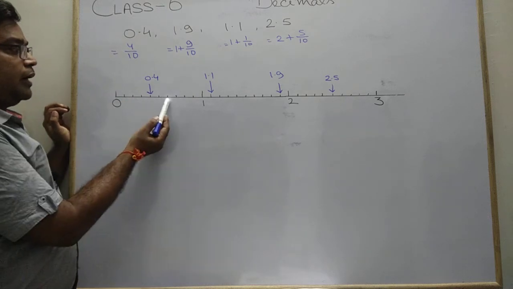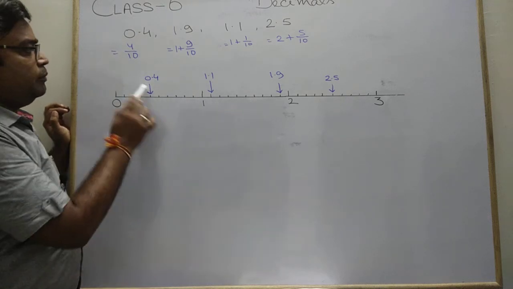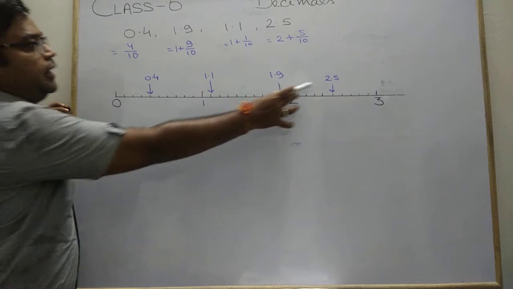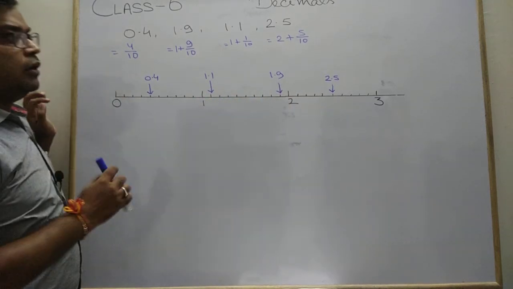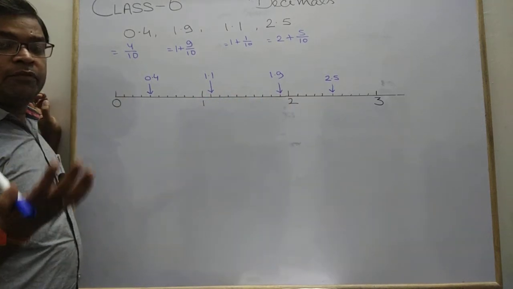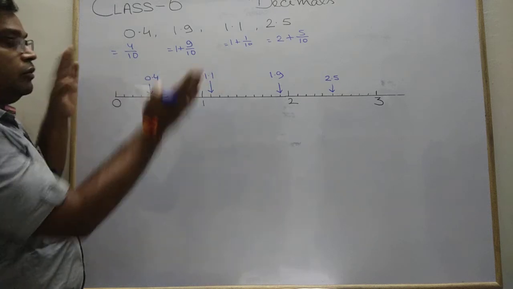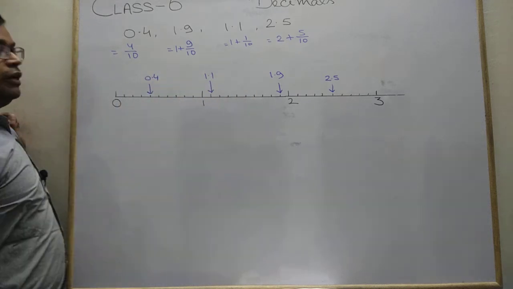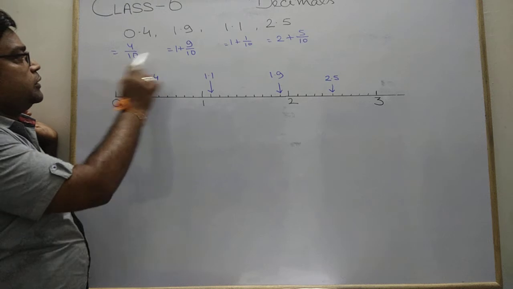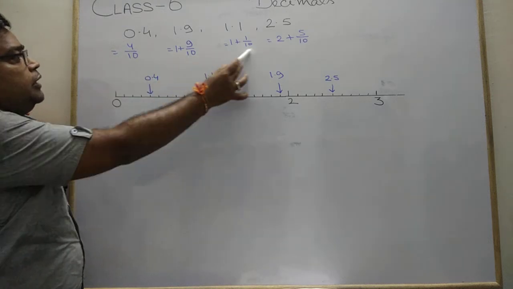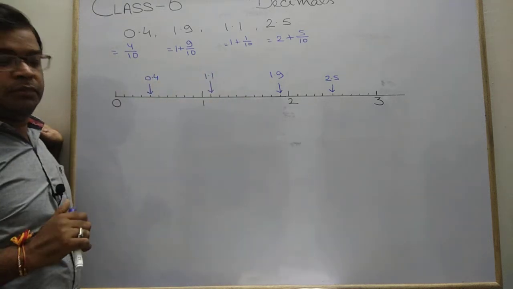Here I use black ink to draw the number line, and blue ink to represent each given question, so that this makes the concept clear, where 1.1 is and where 2.5 is on the number line. Clear? For your help, you must write down the expanded form of each decimal number.